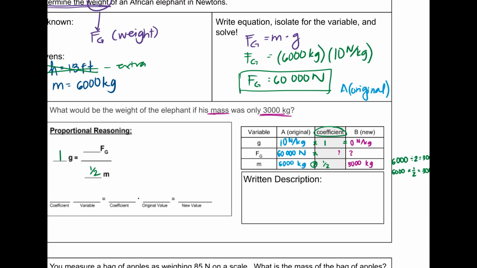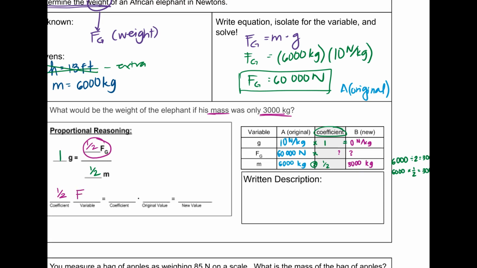And so now we know that something over itself is going to equal 1, and so this must be 1/2. So 1/2 divided by 1/2 is 1. And that's just a property of 1, that anything divided by itself is going to be 1. Since this was the last one we filled out, the coefficient is going to go here.